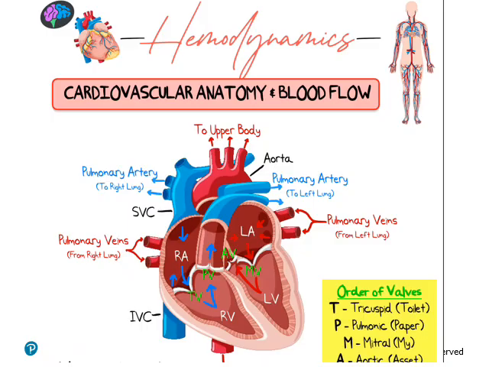Let's take a look at this particular picture showing us the cardiovascular anatomy and blood flow. It's a hemodynamic picture to give us an idea of how the blood is flowing from the heart to the systemic circulation back to the heart, then from the heart again to the respiratory circuit, then back to the heart.